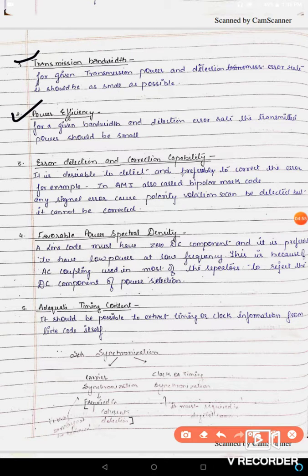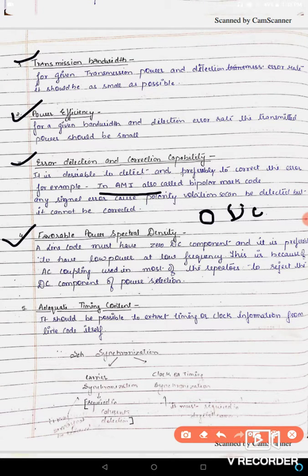Third, a line code must have error detection and correction capability. If I have two line codes, then I will prefer the code which has error detection and correction capability. AMI is one such code. Then the fourth important property of a line code is that it must have a favorable PSD. The meaning of favorable PSD is that it must have zero DC component.